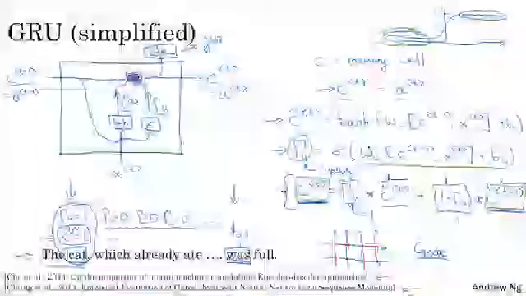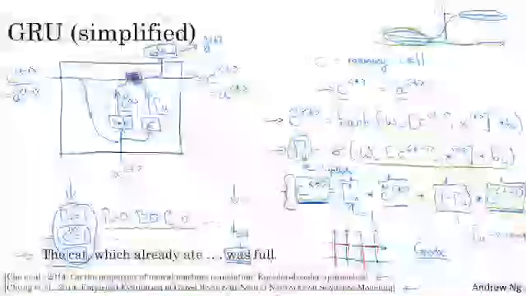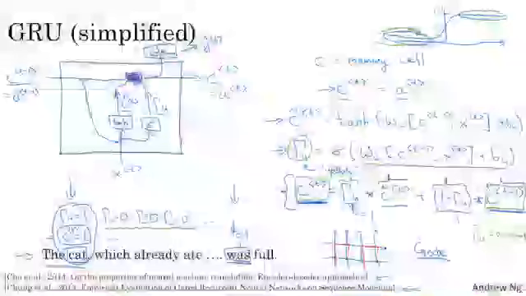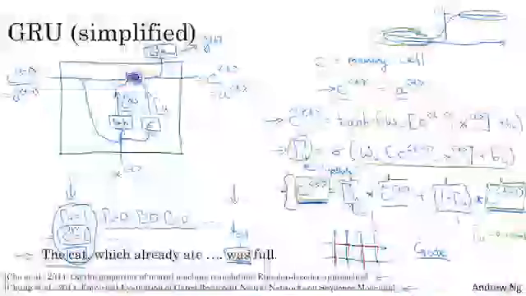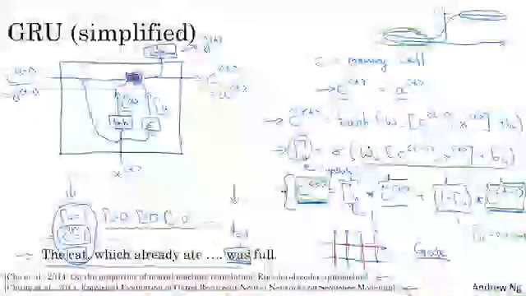And because gamma can be so close to 0, it can be 0.00001, or even smaller than that, it doesn't suffer from much of a vanishing gradient problem, because gamma is so close to 0 that this becomes essentially CT equals CT minus 1, and the value of CT is maintained pretty much exactly, even across many, many time steps.